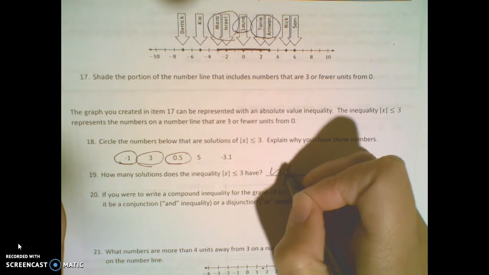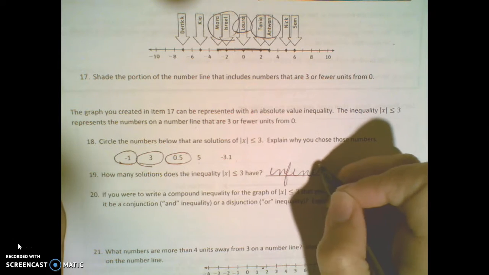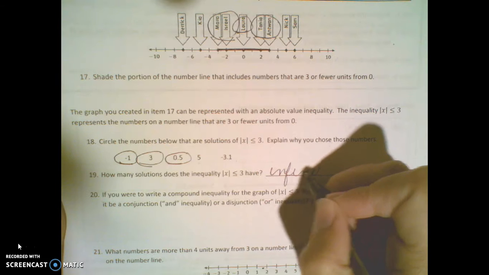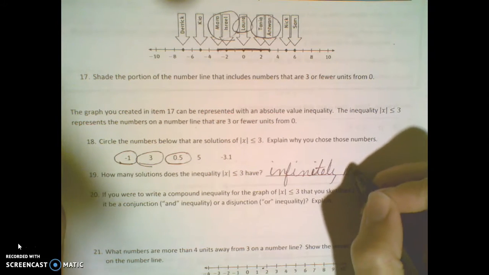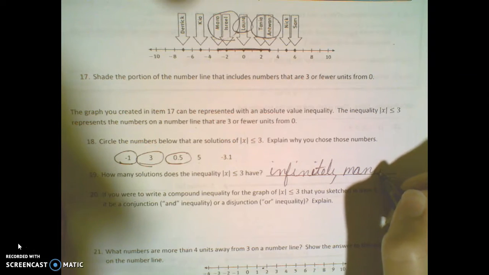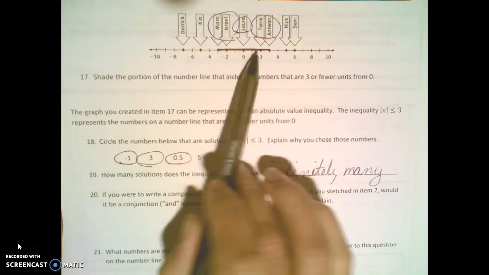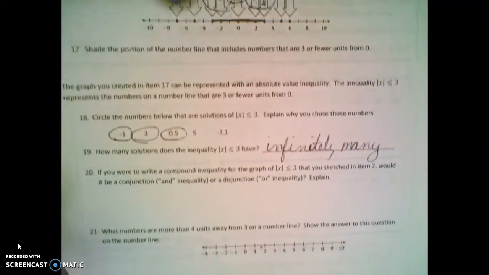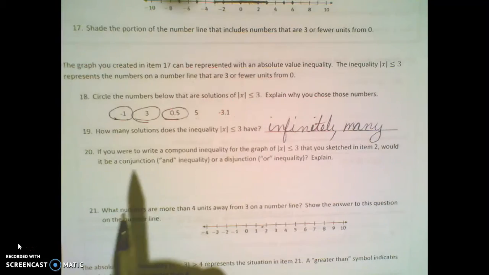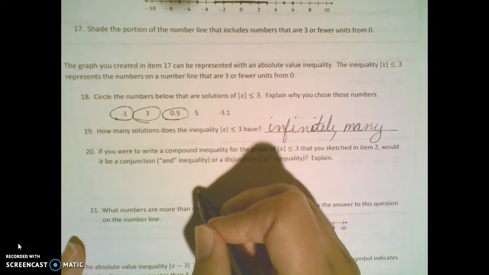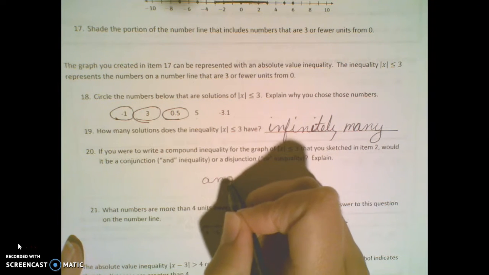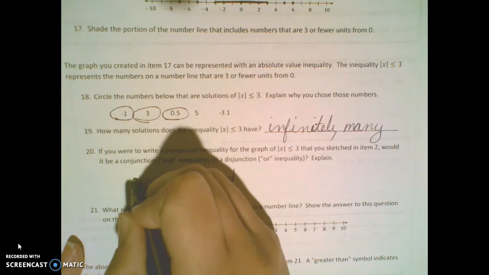And this is going to have infinitely many solutions, because we can keep having fractions and decimals and as many numbers as we want in between here. And if we were going to write a compound inequality, this would be an and inequality or a conjunction.